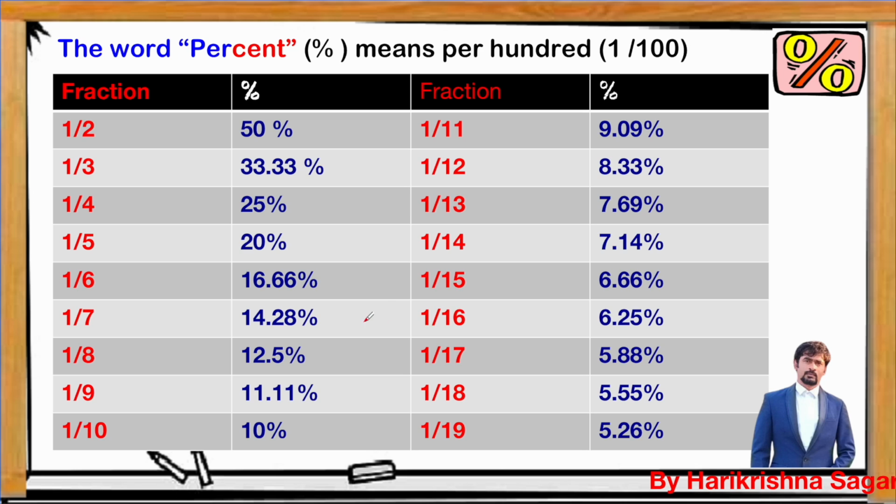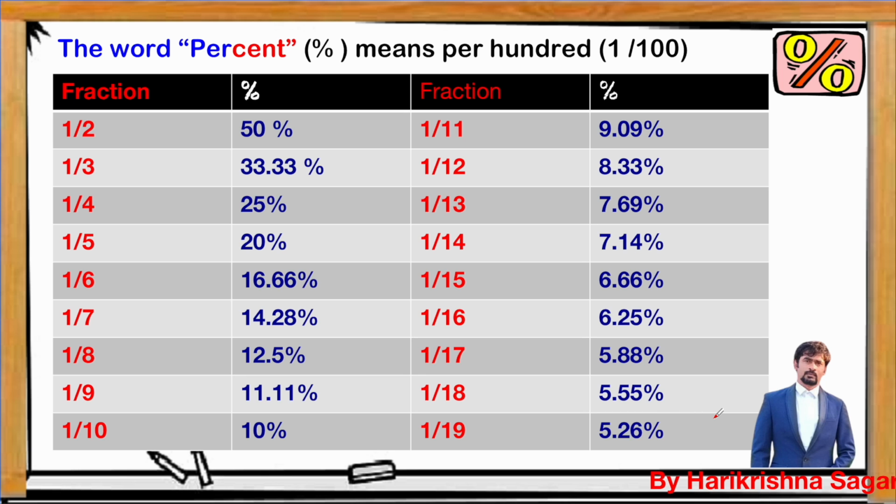So 1 by 1 is 100 percentage, 1 by 2 is 50 percentage, 1 by 3 is 33.33 percentage, or otherwise we can also write 33 1 by 3 percentage. 1 by 4 is 25 percentage, 1 by 5 is 20 percentage, 1 by 6 is 16.66 percentage, 1 by 7 is 14.28 percentage, 1 by 8 is 12.5 percentage, 1 by 9 is 11.11 percentage, 1 by 10 is 10 percentage, 1 by 11 is 9.09 percentage, 1 by 12 is 8.33 percentage, 1 by 13 is 7.69 percentage, 1 by 14 is 7.14 percentage, 1 by 15 is 6.66 percentage, 1 by 16 is 6.25 percentage, 1 by 17 is 5.88 percentage, 1 by 18 is 5.55 percentage, 1 by 19 is 5.26 percentage, 1 by 20 is 5 percentage. So these are the fractions and equivalent percentage values.